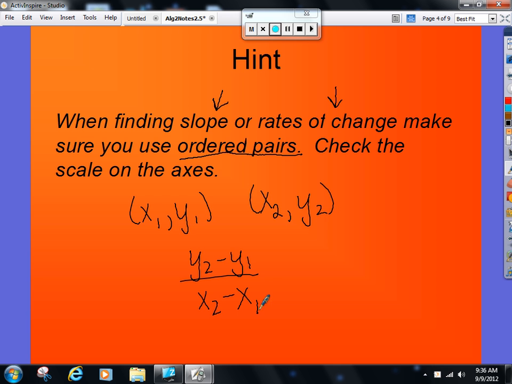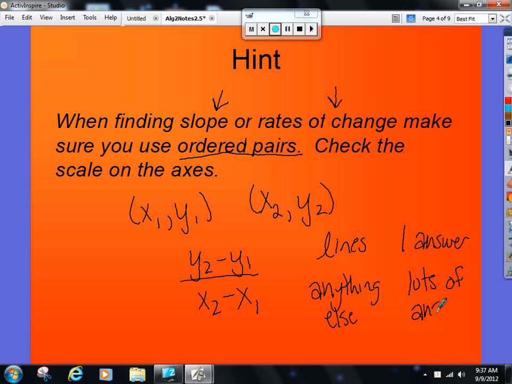The process is the same. The difference is, on lines, you'll only get one answer, no matter what points you pick. On anything else, you'll get lots of answers for your rate of change, depending on what points you pick.